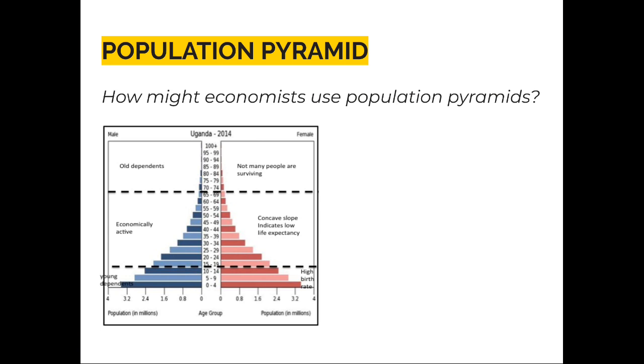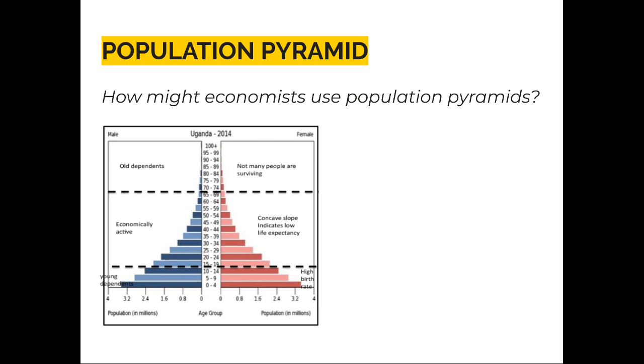From 15 to 69, they are considered economically active in general. But for 70 and above, they are classified as old dependents.